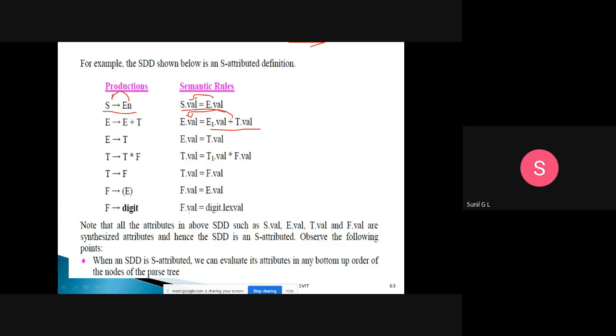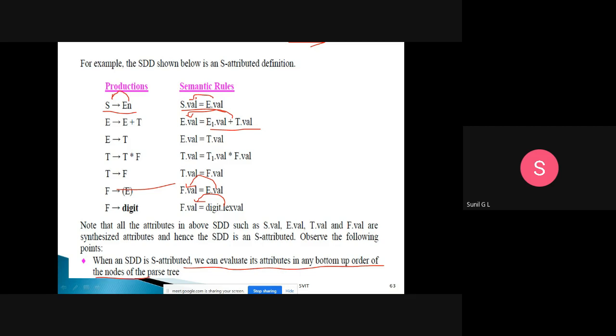So all values will be copied from body to head. That's all. When an S attribute is there, we can evaluate attributes in the bottom up mode of the parser.